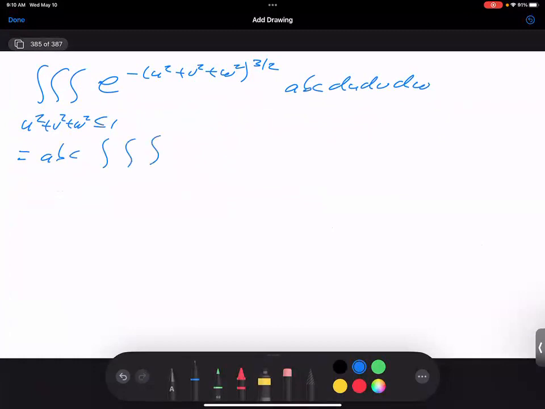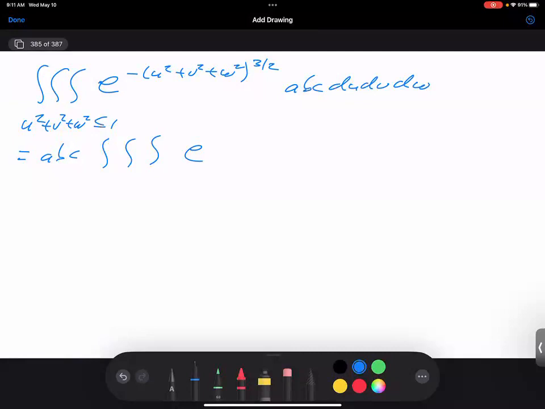abc. What is the exponential going to be? As I change u, v, w to spherical coordinates, what would e to the negative (u squared plus v squared plus w squared) to the 3/2 become?